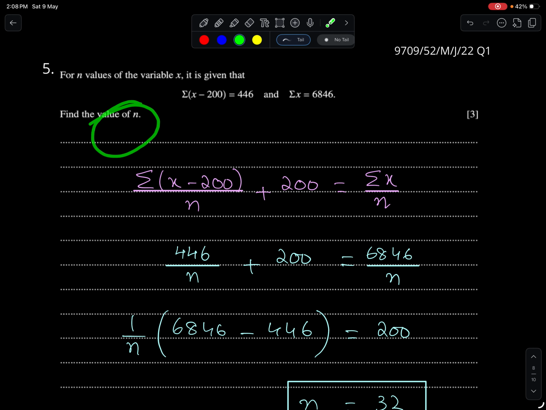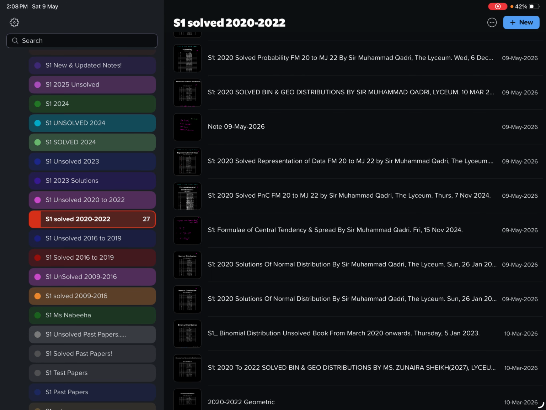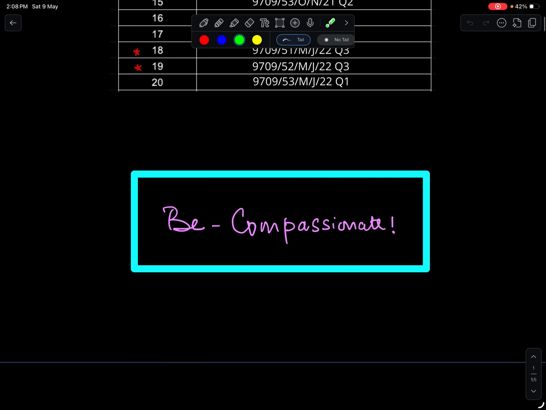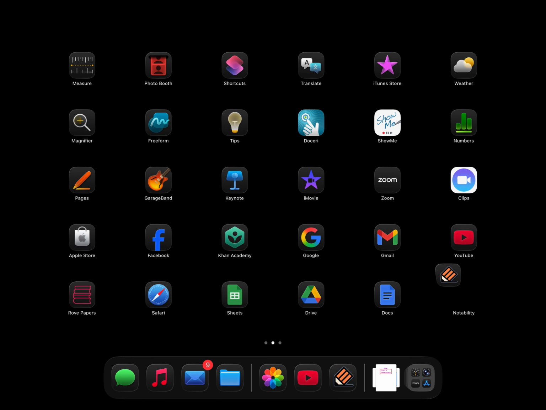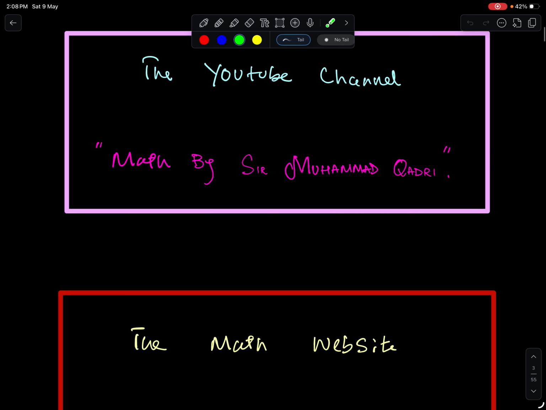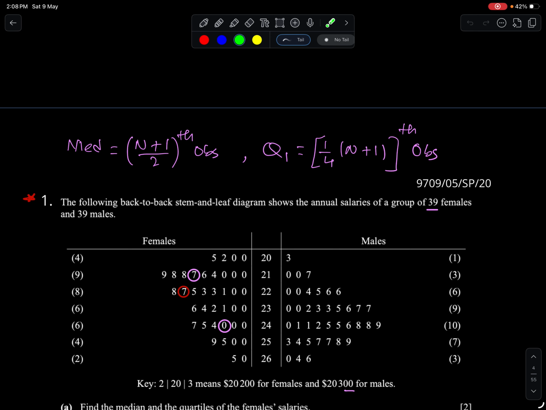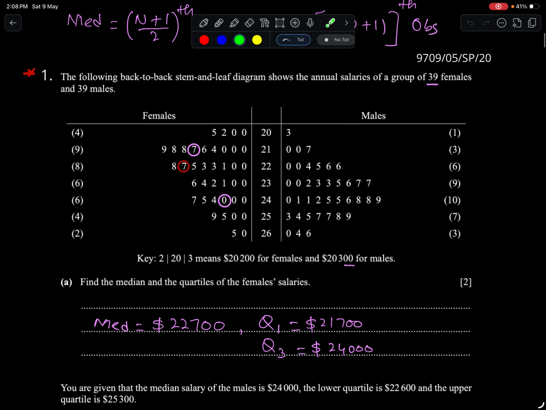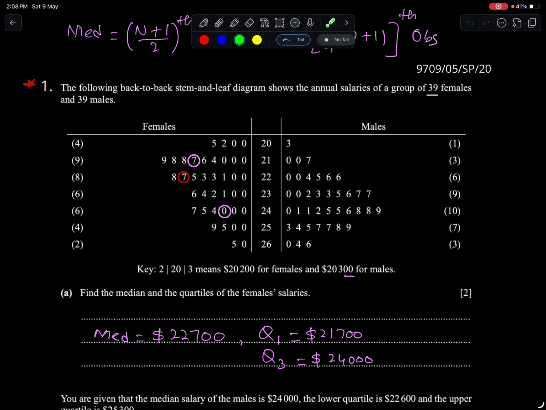Alright, now the next is representation of data. You must know how to find quartiles and median from a stem plot.